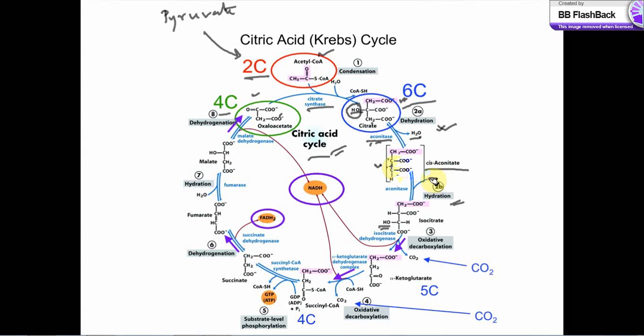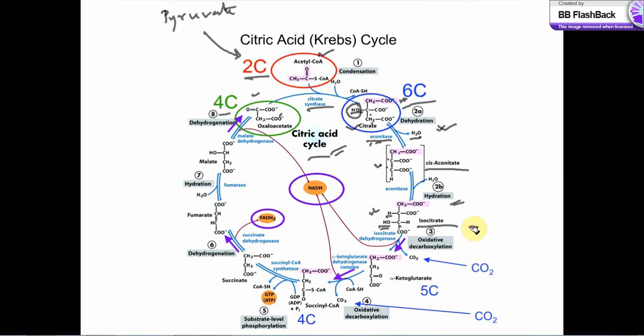After this hydration, this double bond breaks and the hydroxyl group is attached to the second carbon of the two, and the first one gets the hydrogen. So if you look at this structure and this structure, you will be able to understand that the hydroxyl group has only changed its position from this carbon to that carbon, and this new structure is called isocitrate.